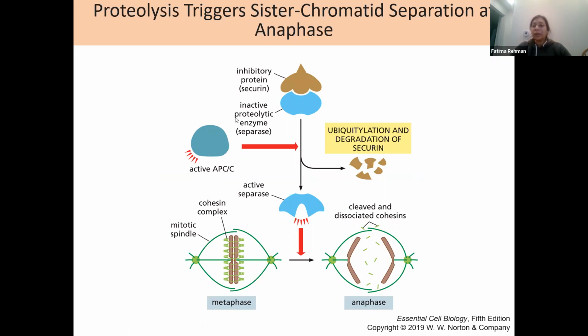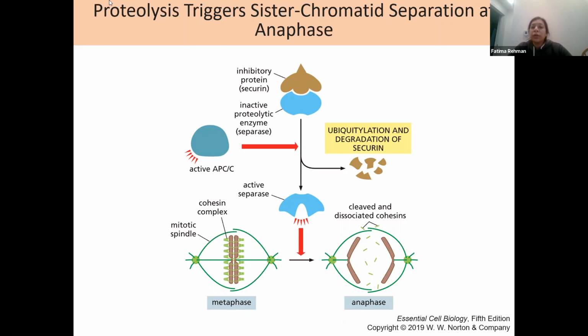Now, when the cell has created that metaphase plate and it is now time for them to move away from each other, a specific process occurs that triggers the sister chromatid separation. And this is done through proteolysis of the proteins that are helping these sister chromatids stay together.